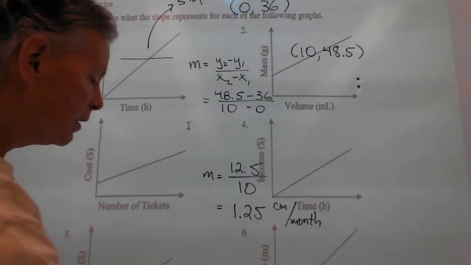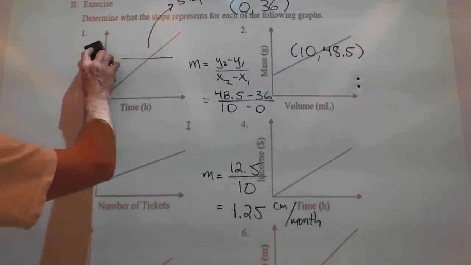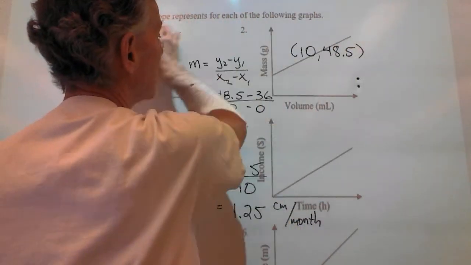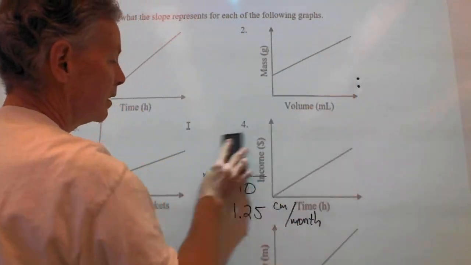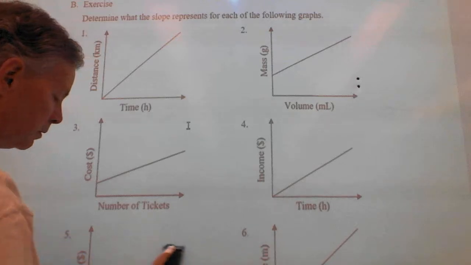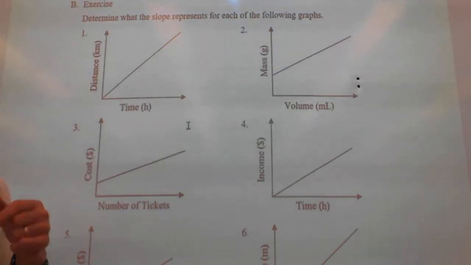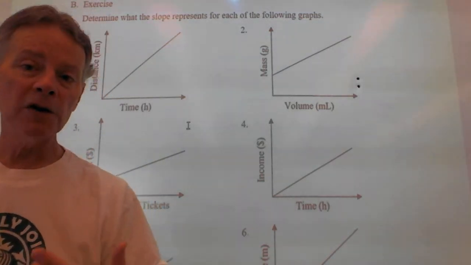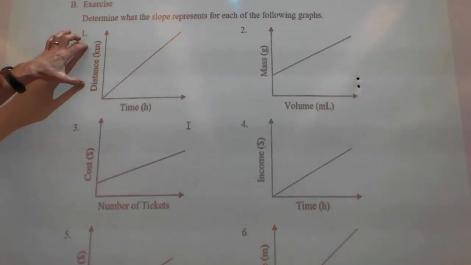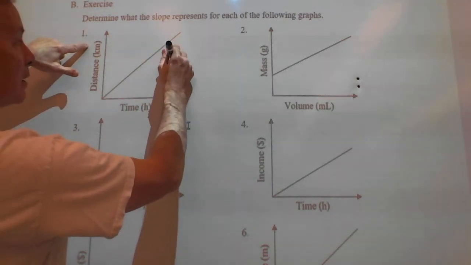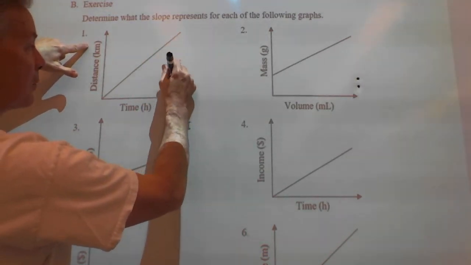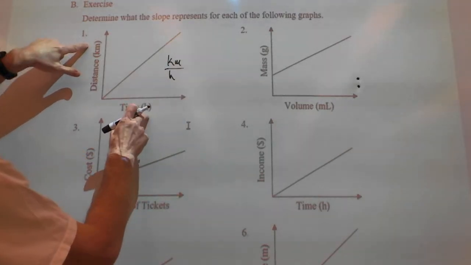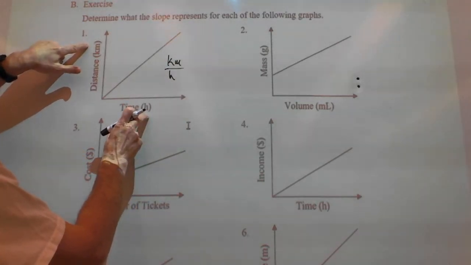So like I said, when you are given an actual problem and you have labels on your graph, then the slope actually means something. So in this case, your slope would be kilometers per hour. So you'd be talking about a speed, okay?